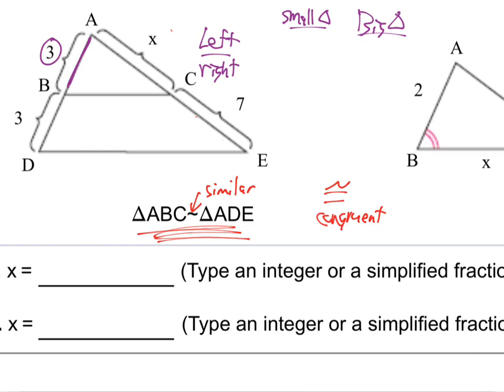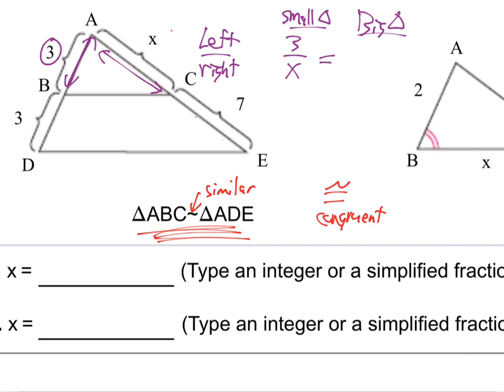So what's the left side of the small triangle? Well, it's that 3, huh? Good so far? And what's the right side of the small triangle? It's just X. We good?